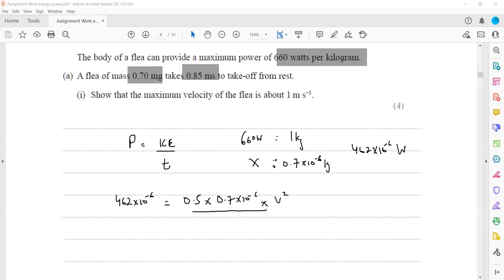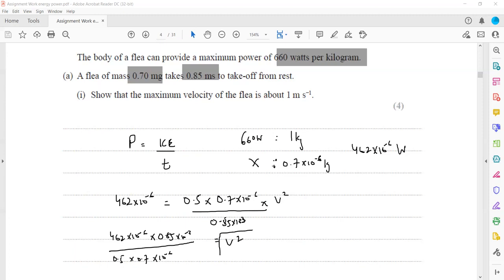In the question, the time is given as 0.85 milliseconds. So it will be 0.85 into 10 power minus 3 second. When we solve this, it will be 462 into 10 power minus 6 times 0.85 into 10 power minus 3 divided by 0.5 into 0.7 into 10 power minus 6. And that is the value for v square.